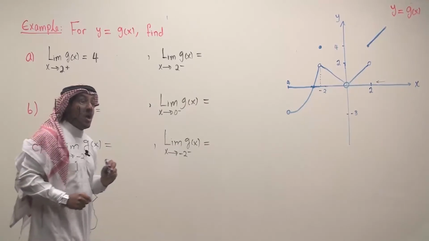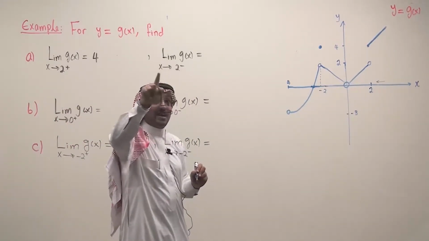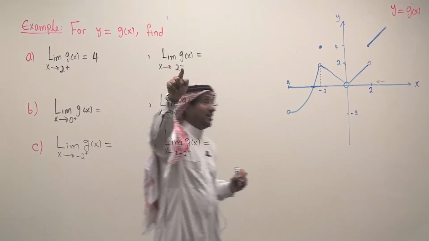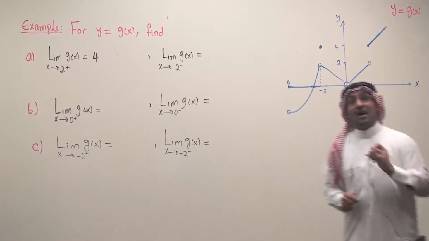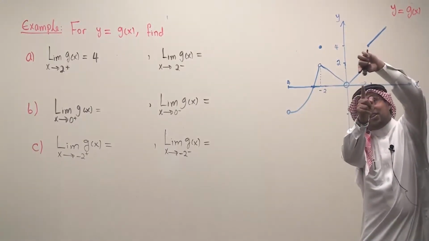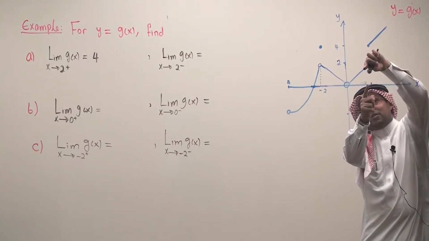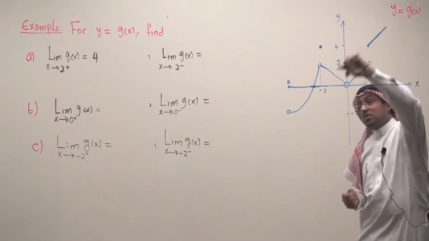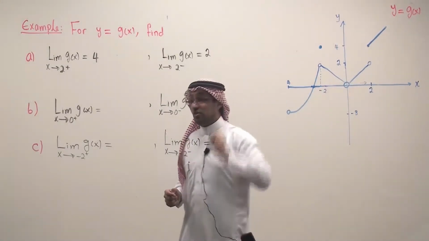Very good. While if the limit of g of x as x approaches 2 from the left side, when I trace the curve, I see my finger, the y values are going to what? Going to 2. So this value is going to be exactly 2.